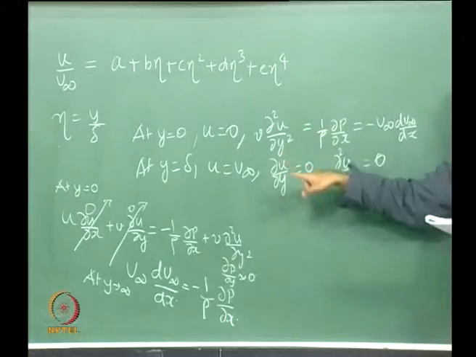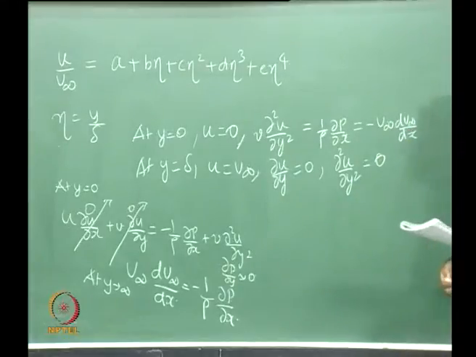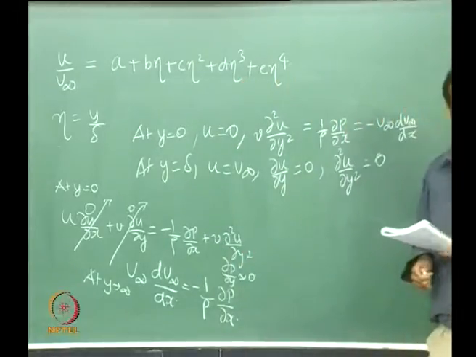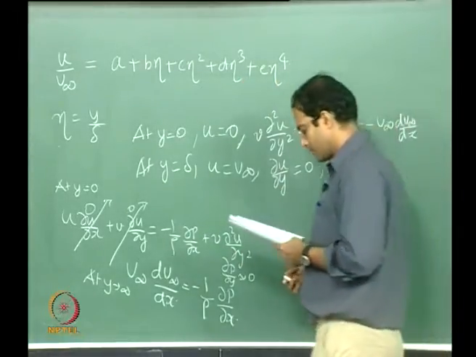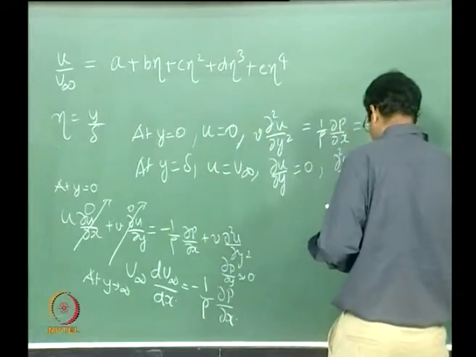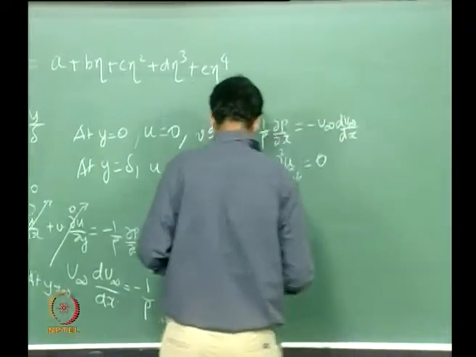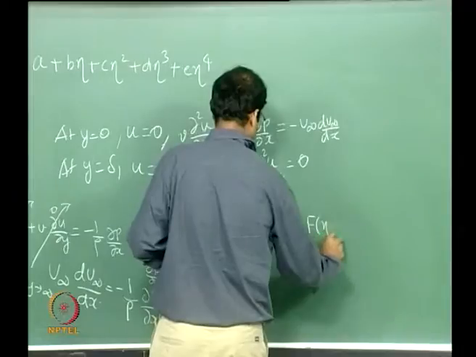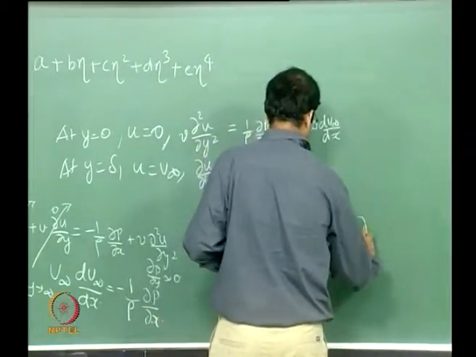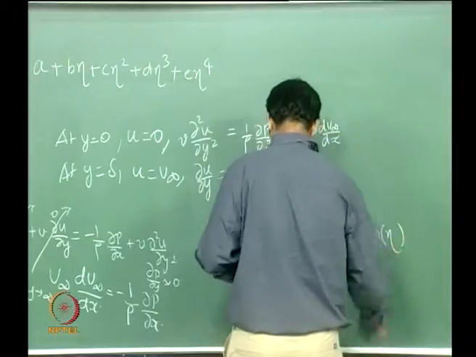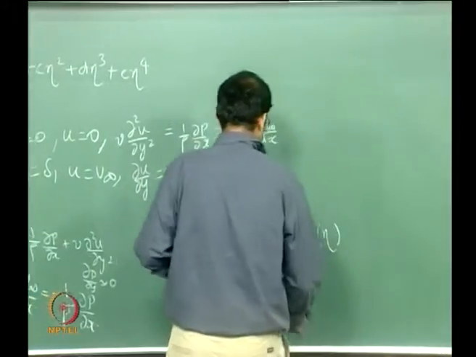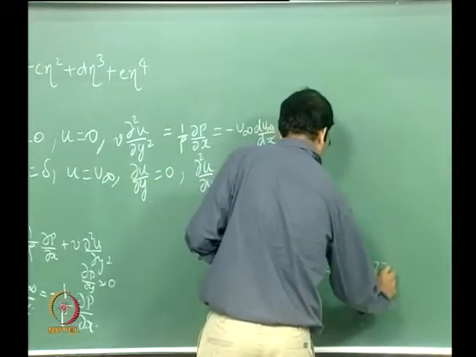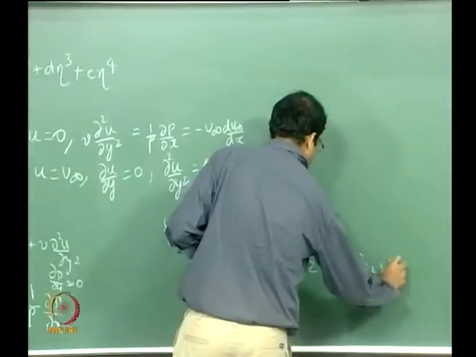So this is how all the 5 conditions are put, and if you substitute these 5 conditions into the assumed profile, the fourth order polynomial, finally you will get the following profile. Which is of the form u by u infinity is equal to capital F of eta plus lambda g of eta. Now where your f of eta is nothing but 2 eta minus 2 eta cube plus eta power 4.